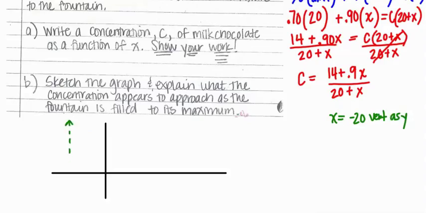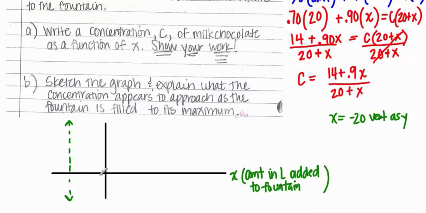That is not going to be part of the problem because x stands for the amount in liters that I add to the fountain. I can't add a negative amount, so that portion of the graph is going to be unused.